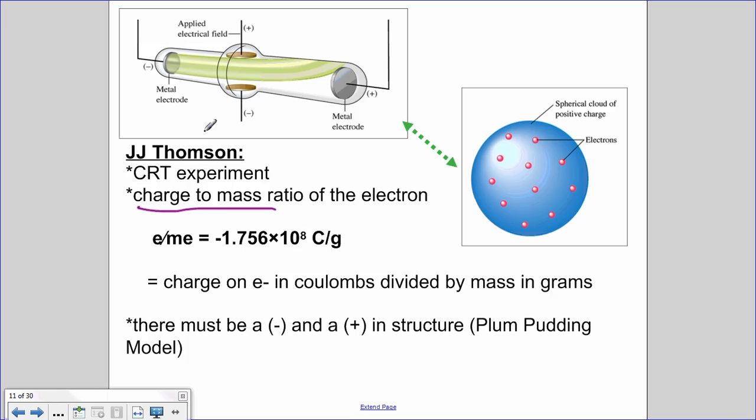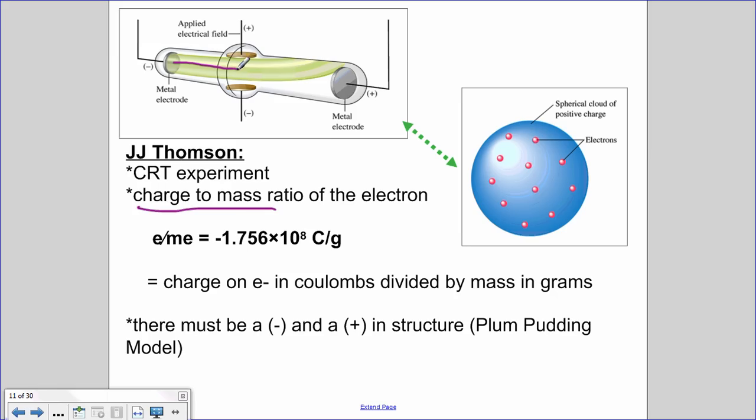What you see up here is the cathode ray tube, and he's got a gas in here that's energized. He knew the gas contained something of negative charge, but he didn't know what it was. It was some unknown charged particle. He caused it to become really excited, and the gas particles came within this magnetic, electrical field, with the positive pole on top and the negative pole on the bottom.